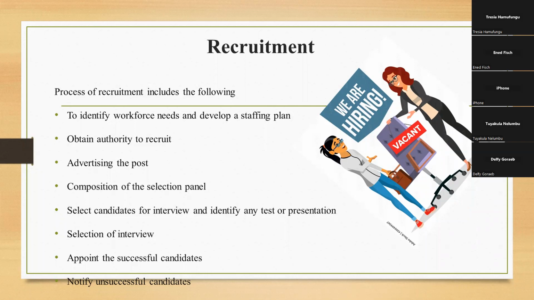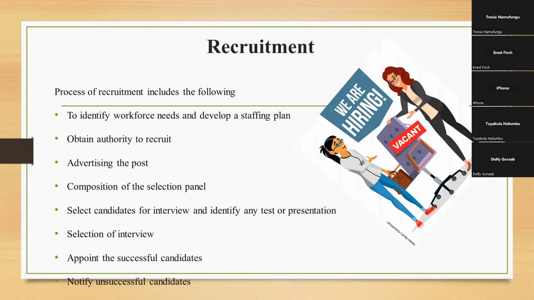So here the company has to decide whether it will recruit internally or externally. And this decision will determine the means used to advertise the vacancies. Then the fourth step is the composition of the selection panel. And the fifth one is to select candidates for interview and identify any test or presentation.